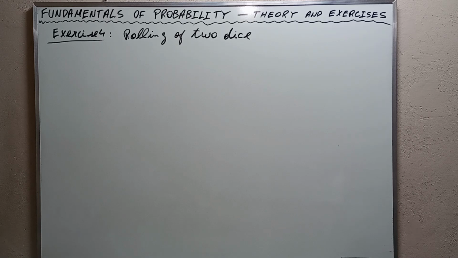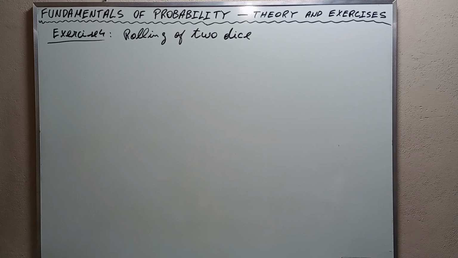Exercise number 4. If two dice are rolled, what is the probability that the sum of the upturned faces will be equal to 7? That's the question, my friends. Let's go to the solution. We shall solve this problem under the assumption that all of the 36 possible outcomes are equally likely.